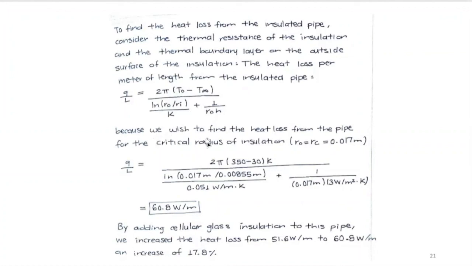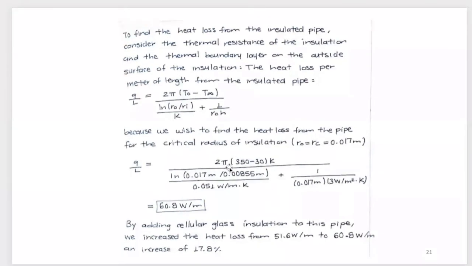But we want to find the heat loss for the critical radius insulation because that's what the problem requires. So we are going to replace r naught by rc, the value that we calculated first, which was k over h. And then that will give us the heat loss from the insulated pipe.